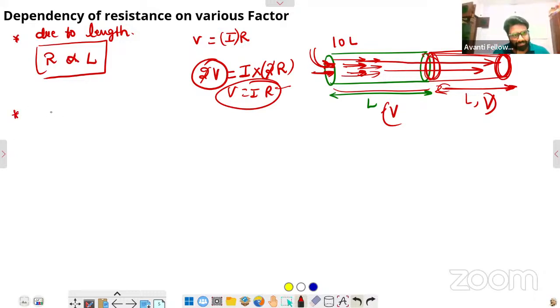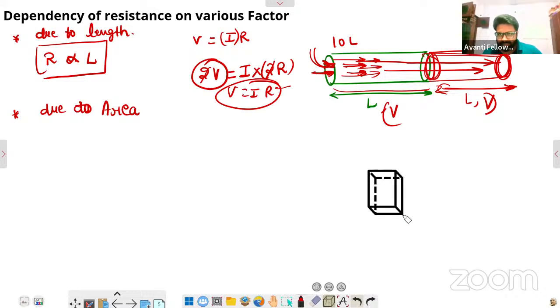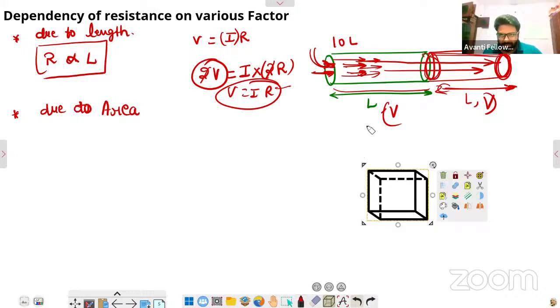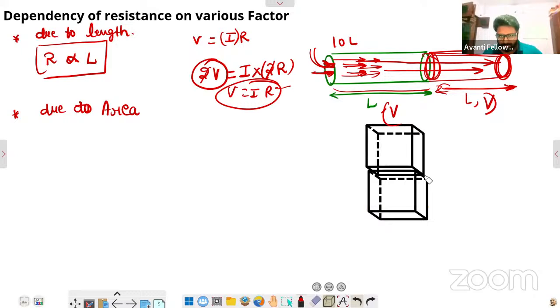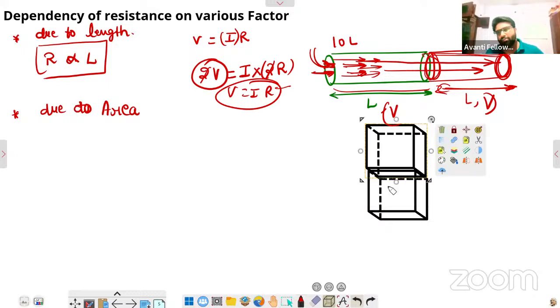Second thing we can say, due to area of the conductor. So suppose let's say we have a cuboid here. One is this and another one is this also, placed on top.